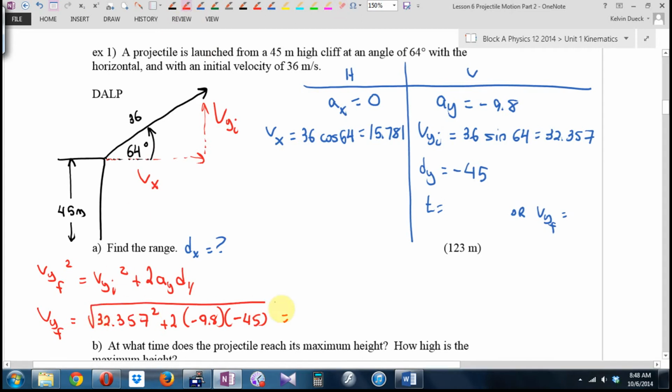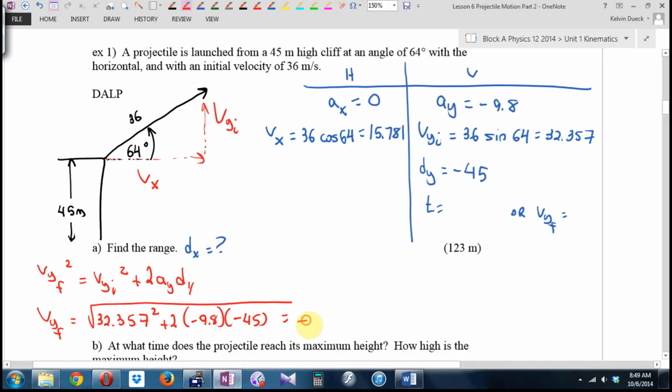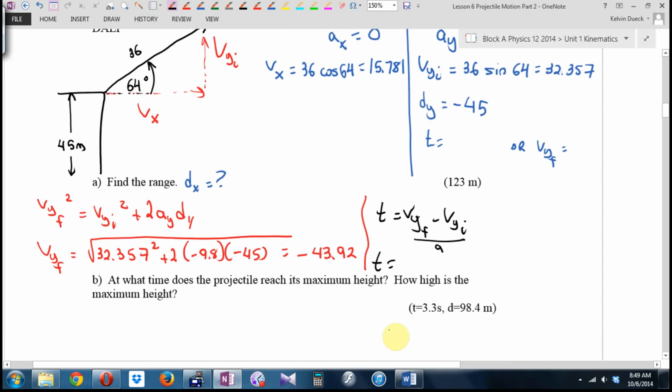Yucky. That's better. Squared plus 2 times negative 9.8, for those of you following at home. Yeah, I figured I was going to run out of room.